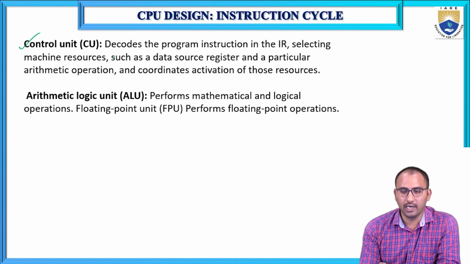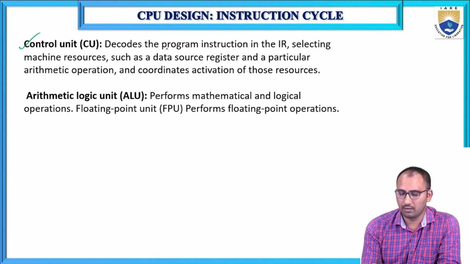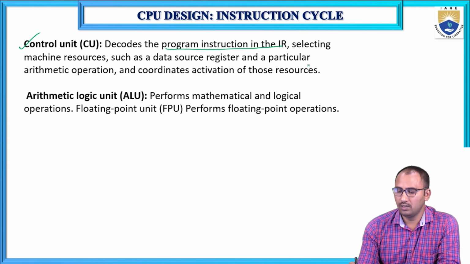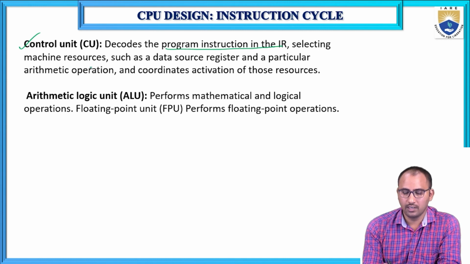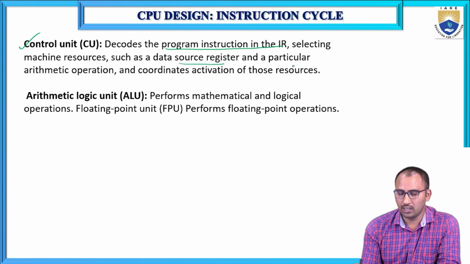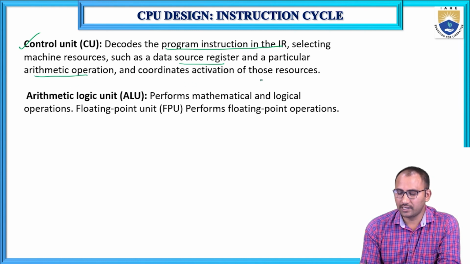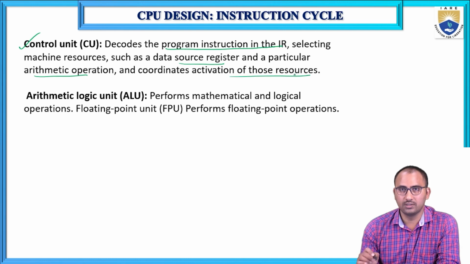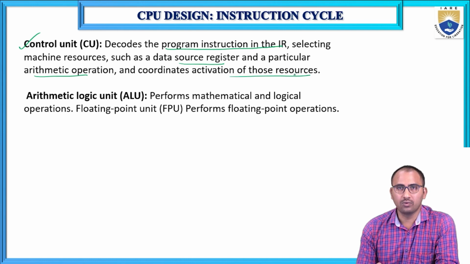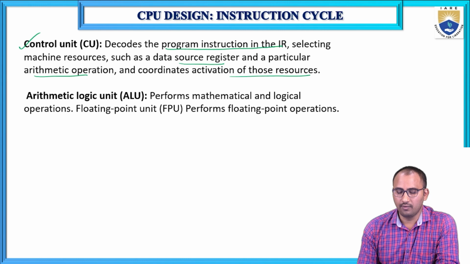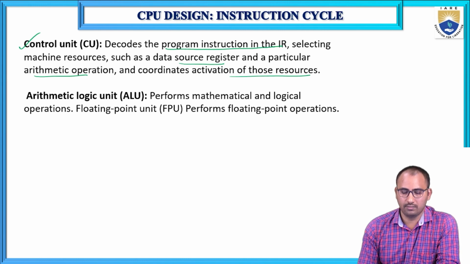The control unit decodes the program instruction in the IR, selecting the machine resources such as a data source register and a particular arithmetic operation, and coordinates the activities of those resources. So this control unit coordinates all the various resources inside the computer.